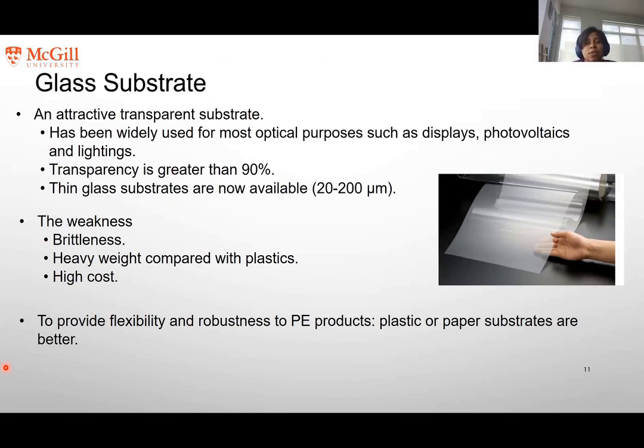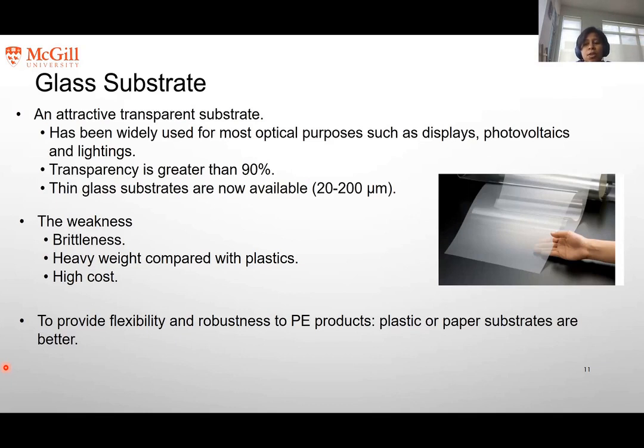The reason they were used for those optical purposes is that they have more than 90% transparency. And nowadays, you can get very advanced glass substrates which are somewhere between 20 to 200 micrometers thick.